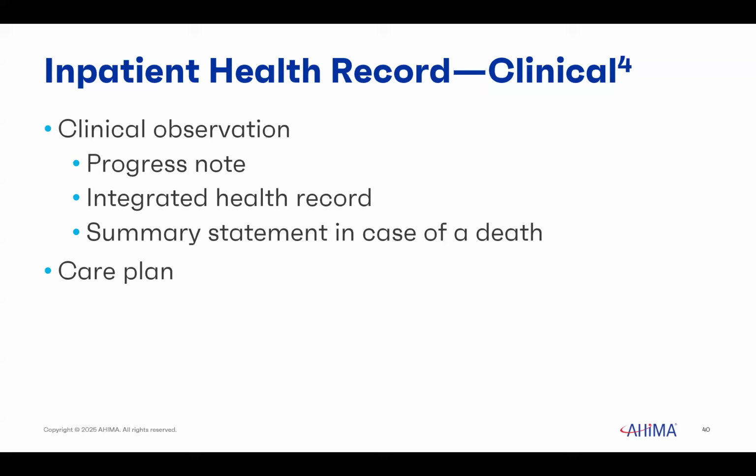Unfortunately, per the third bullet point, we don't have everybody being discharged home healthy. Unfortunately, sometimes we do have patients dying in-house, and this is sometimes called a death summary. Think of a death summary as a type of discharge, if you will.